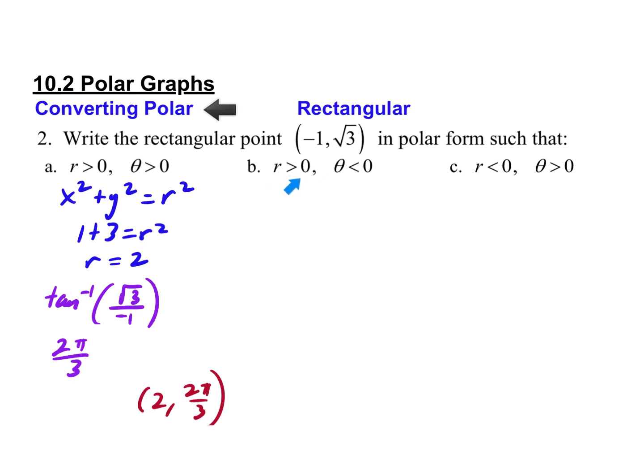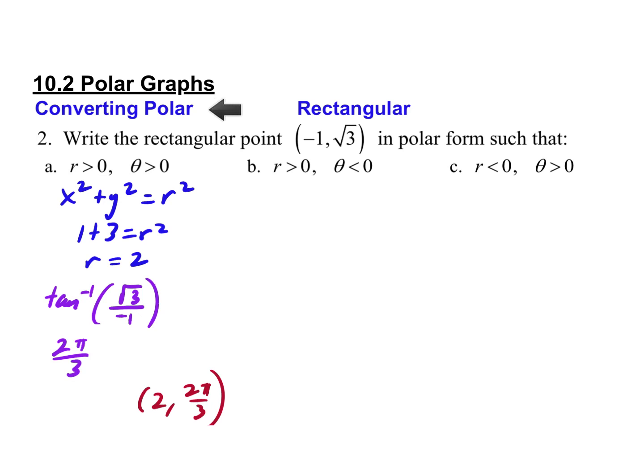So now what they're saying is, all right, fine. R's positive, fine, it's 2. It's still going to be 2. But what's a negative angle that is going to be in the same place as this? Because that's not going to change. Keep in mind the rectangular point is still -1, square root of 3, so it's still in the second quadrant.